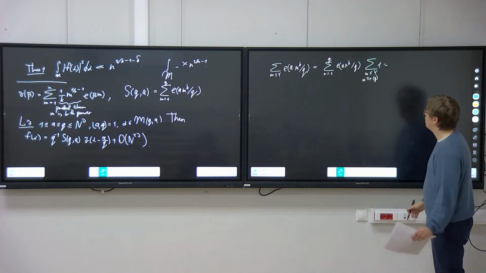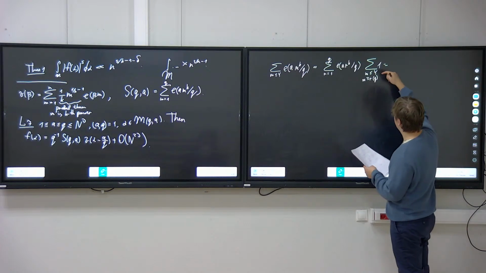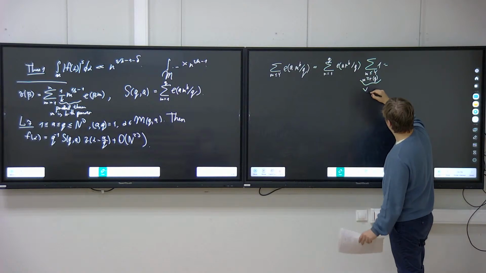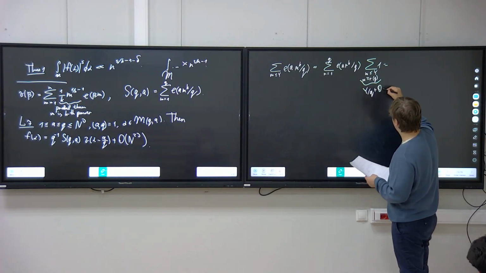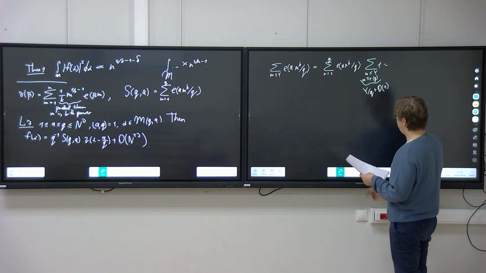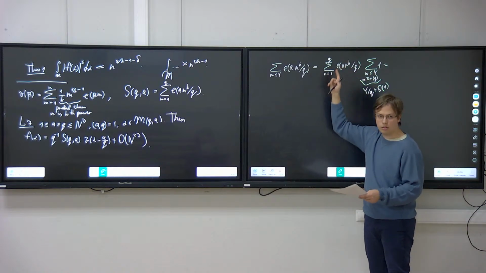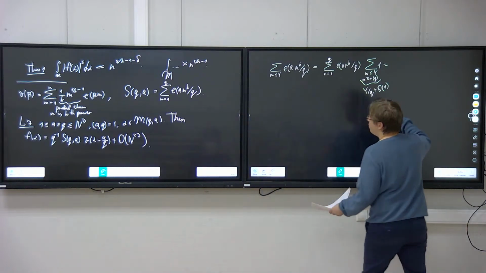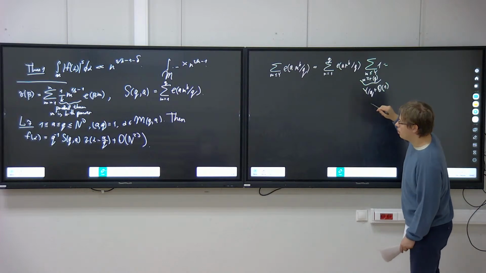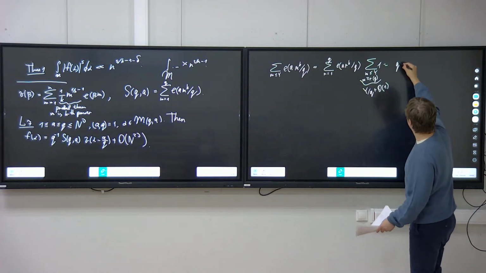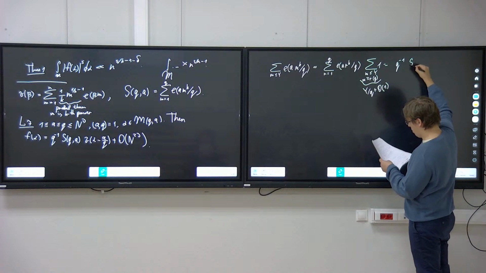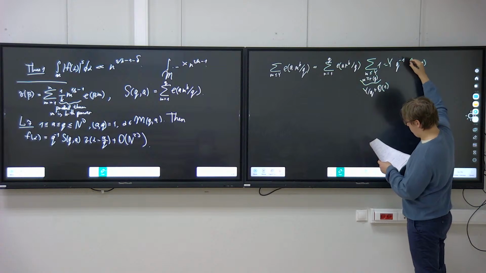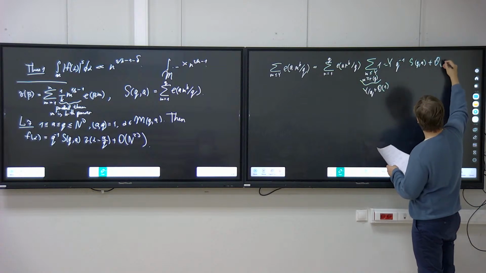And we see that this we can evaluate like y over q plus big O of 1. And here we have our series. So this will be q to the power minus 1 times s of q, a times y, plus big O of q.